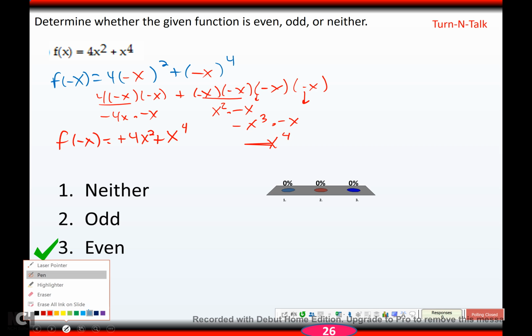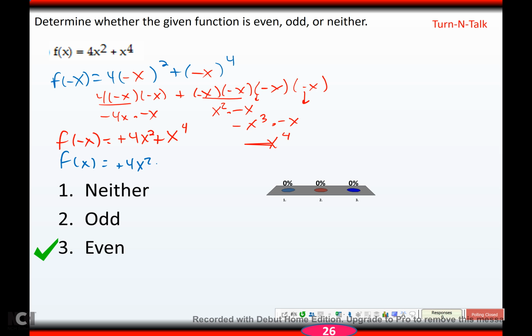If I compare that to f of x, which was positive 4x squared, positive x to the 4th, and I compare signs, positive, positive, positive, positive, no sign changes, no changes, which means if nobody's changed signs, it's an even function.